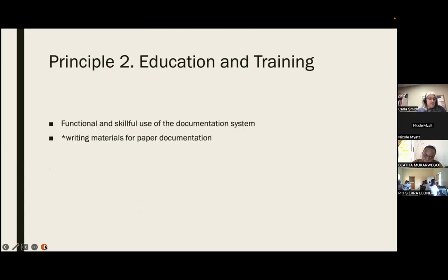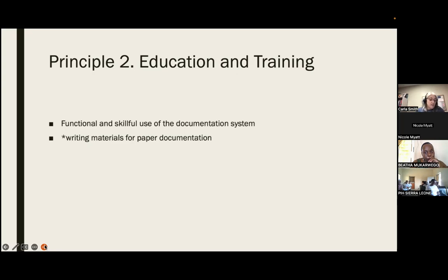Nurses in all settings and at all levels of service must be able to receive comprehensive education and training in the technical elements of documentation and in the organization's policies and procedures related to documentation. This should include staffing issues that take into account the time needed for documentation work, to be certain that it fits within your workload and that you are capable of functional and skillful use of the documentation system.